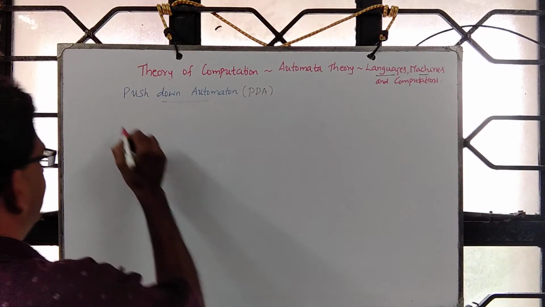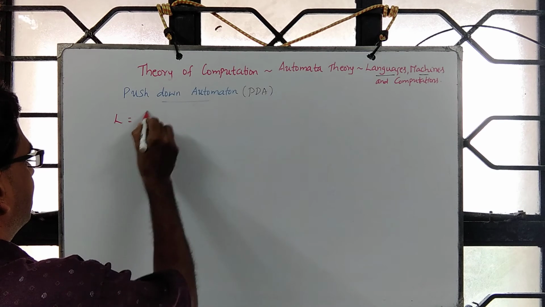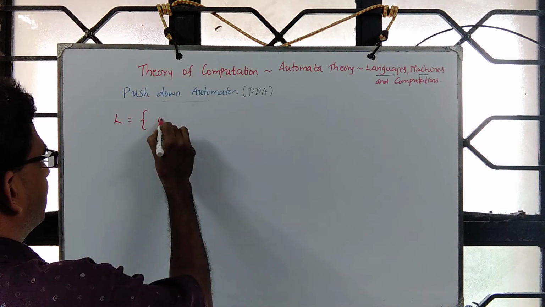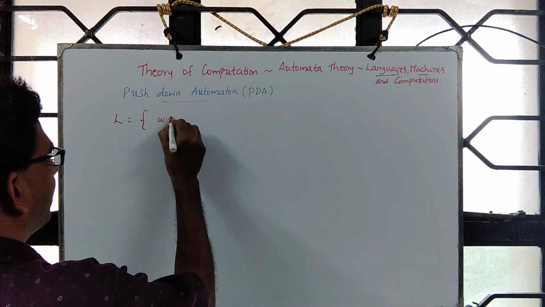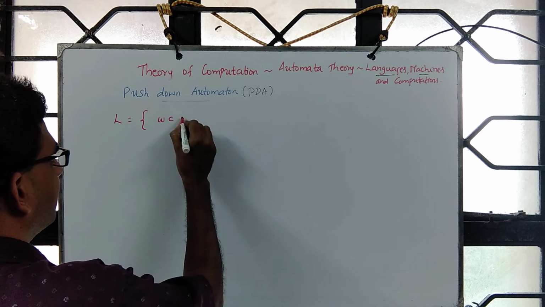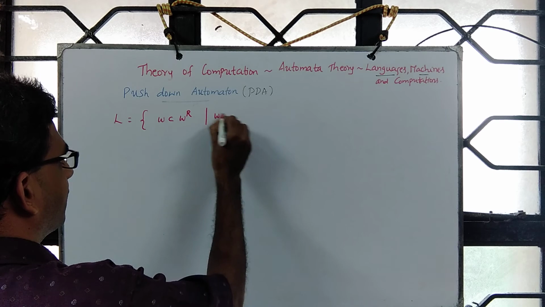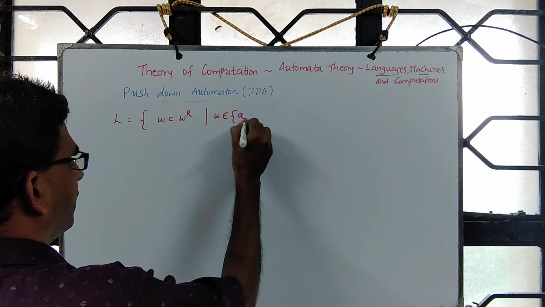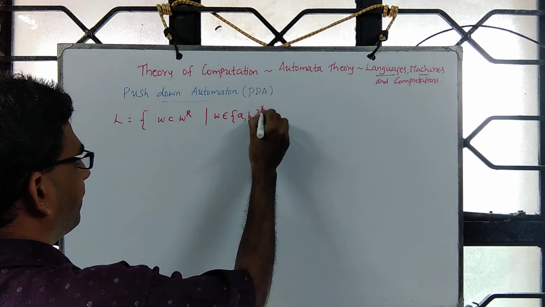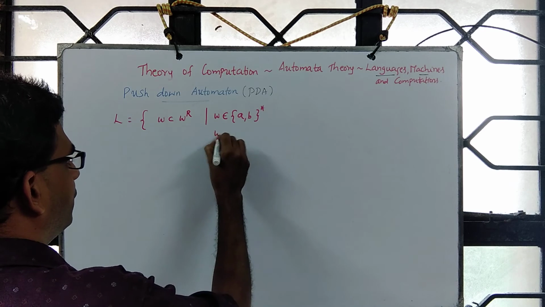Here is our next language. It says it is W, say small c, and then WR. W is a string over A, B. And what is WR?